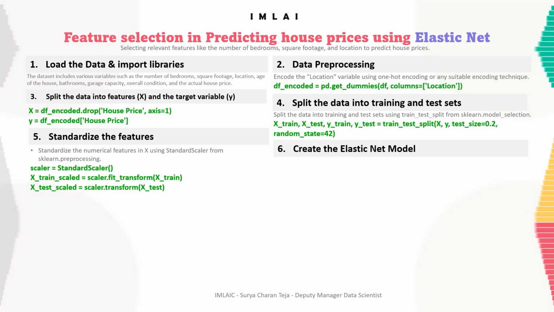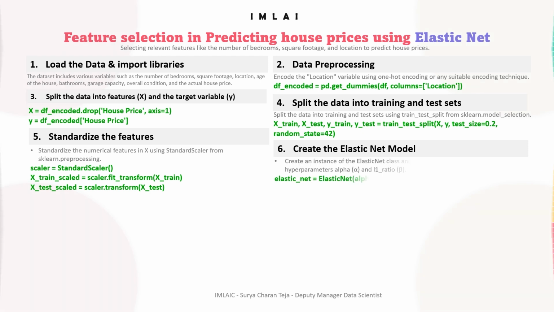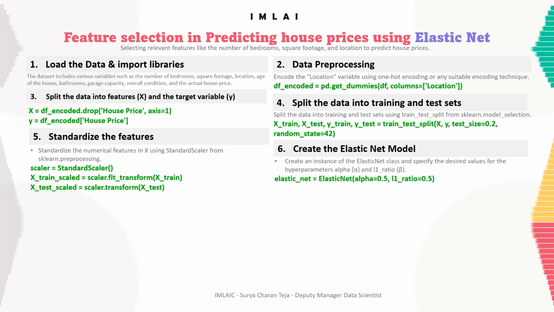Next, the important step is to create the Elastic Net regression model. Create an instance of the ElasticNet class, and specify the desired values for the hyperparameters alpha and l1_ratio, which is beta.